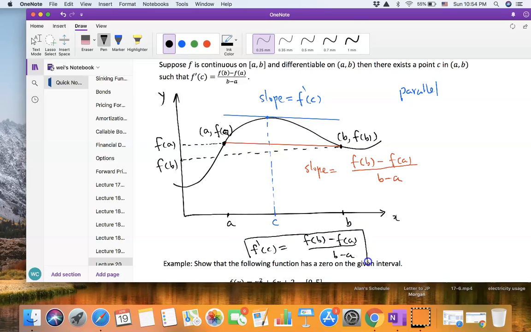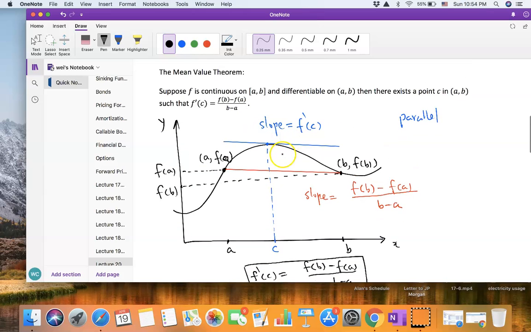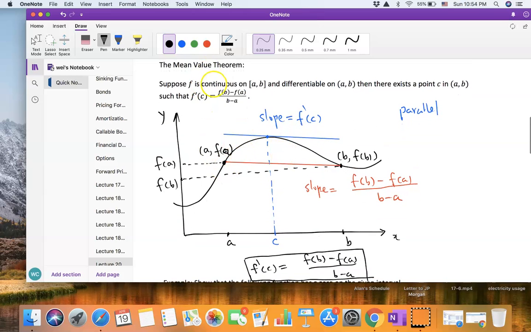Okay, so this is what the mean value theorem tells us. It tells us if the function satisfies these two conditions, one is continuous on the closed interval, and one is differentiable on the open interval, then we will be able to find at least one point.